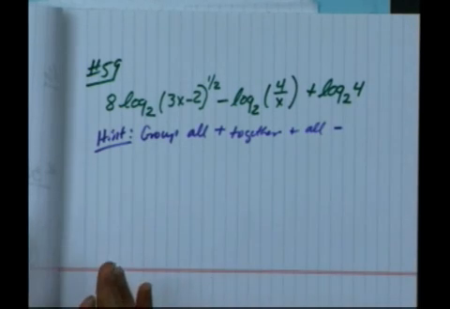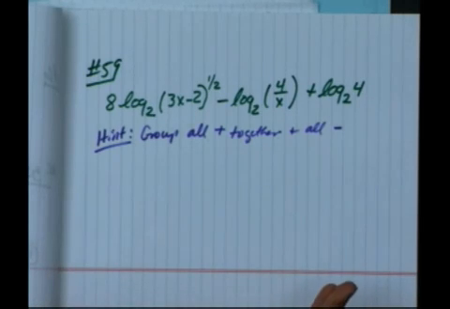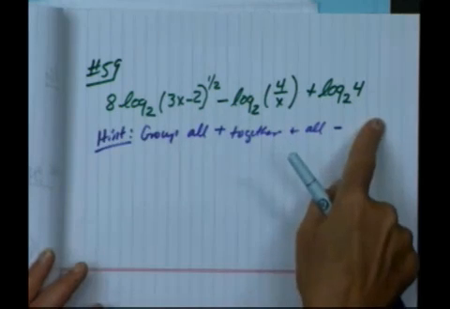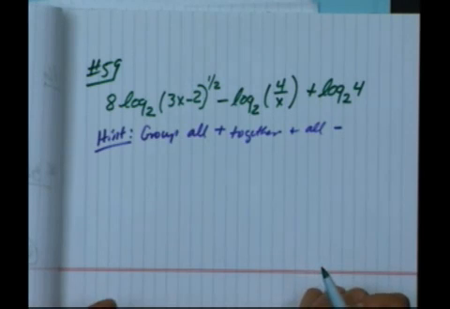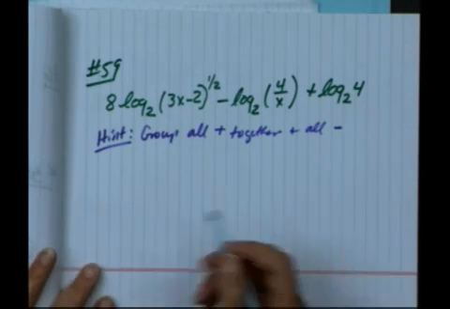In other words, get the positives together and the minuses together instead of plus, minus, plus. That makes things work nicely. You don't have to do it that way, but it usually saves you a little trouble.